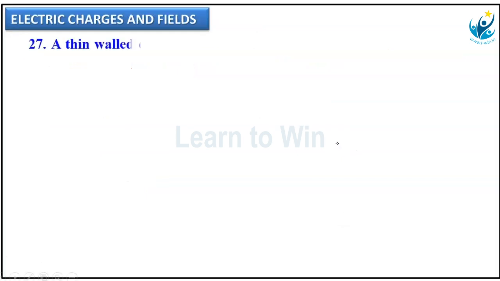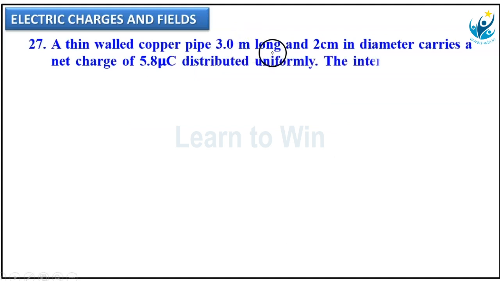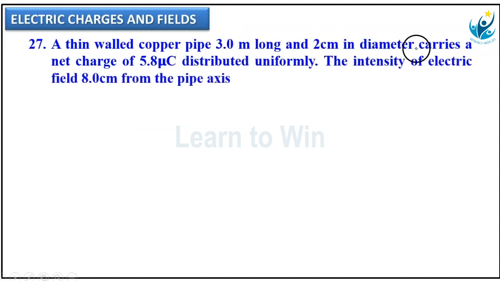Next problem. A thin-walled copper pipe 3 meter long and 2 centimeter in diameter carries a net charge of 5.8 microcoulomb distributed uniformly. The intensity of electric field 8 centimeter from the pipe axis is.